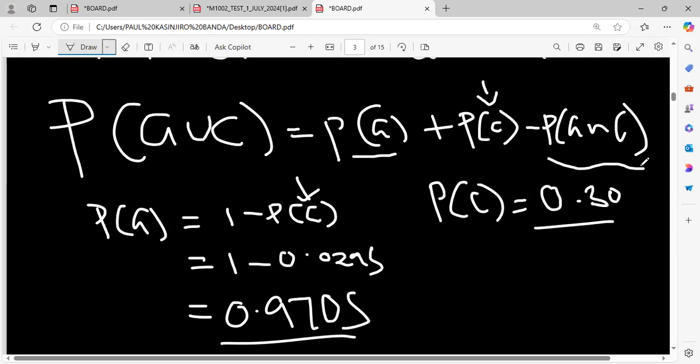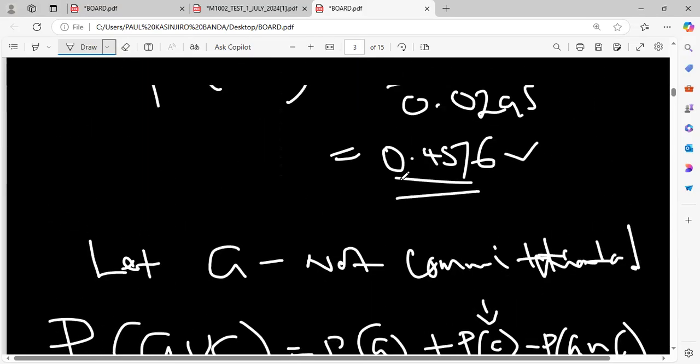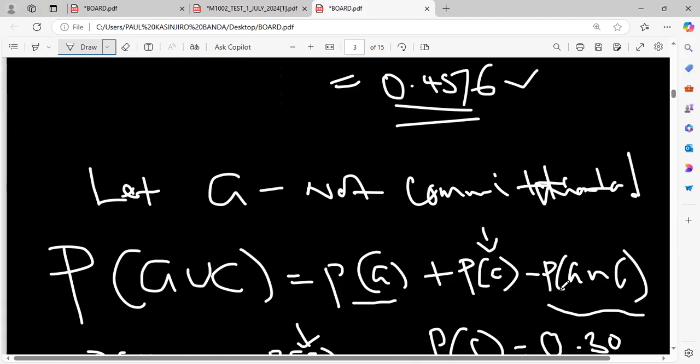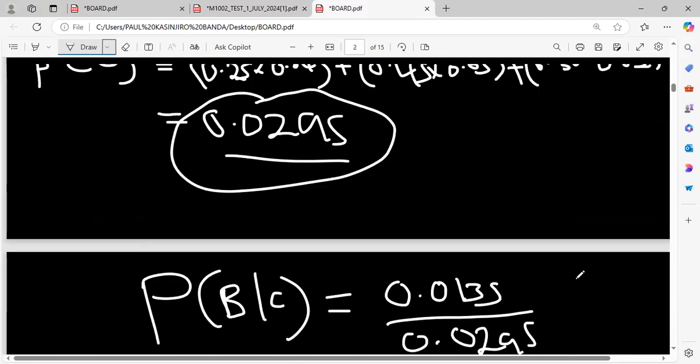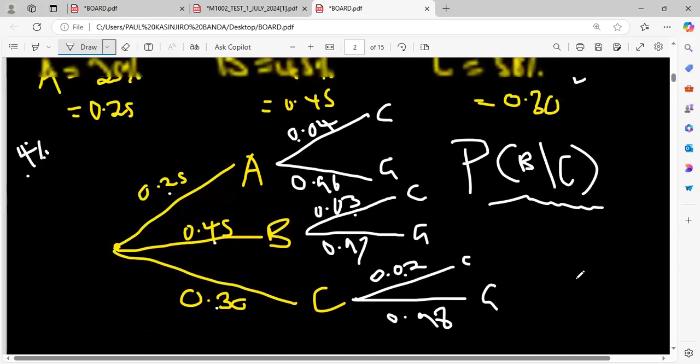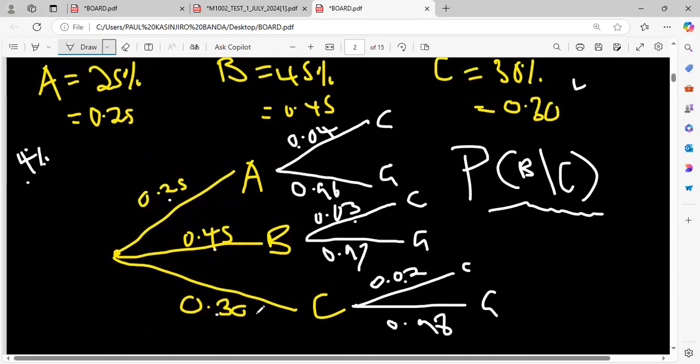If you go back there, this is what you're going to find. We find the probability that it is not contaminated and comes from lab C, this is the G intersection C. Looking at the tree diagram, the probability that something comes from C and is good is just 0.3 multiplied by 0.98.